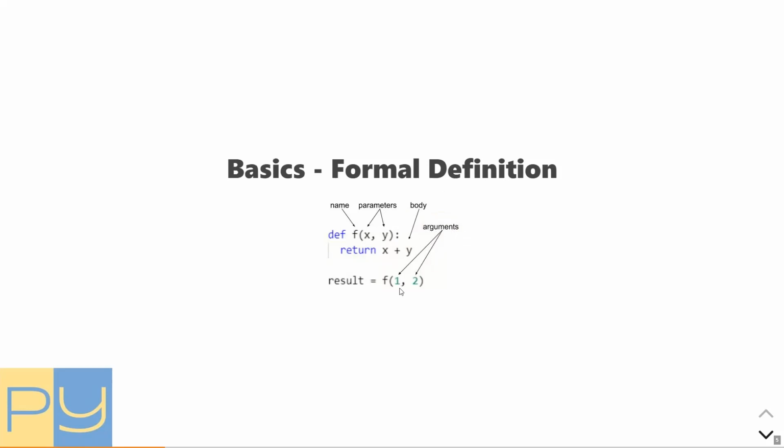Arguments can be different upon function call. However, the parameters are fixed as they get defined when you define the function. And lastly, there's the body of the function, which tells you what the function is doing, at the indent after the def statement. Once again, this is largely just a refresher in regards to what a function is.